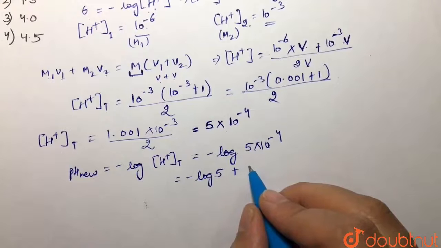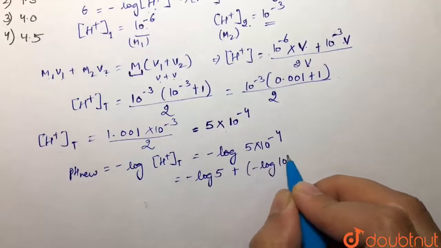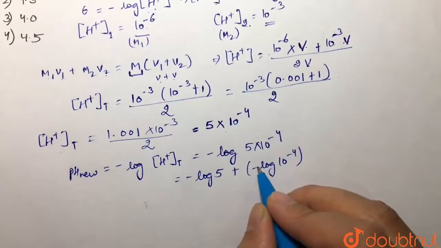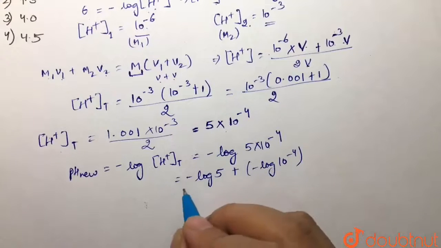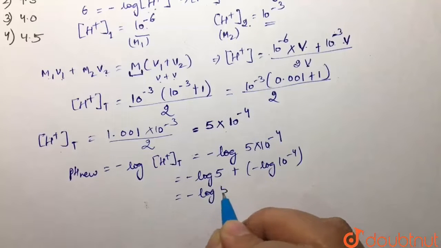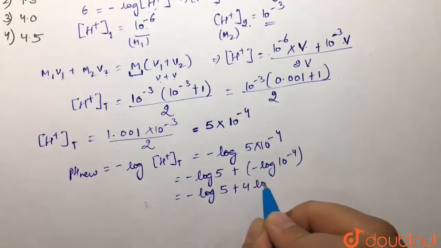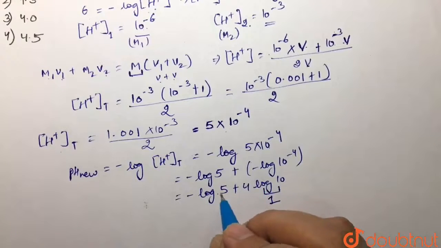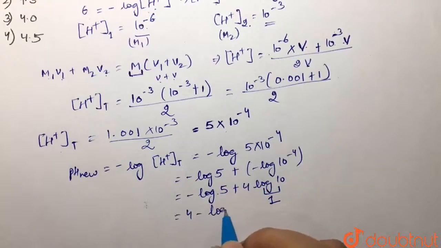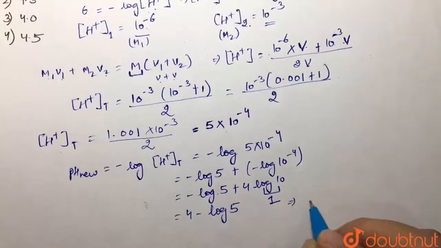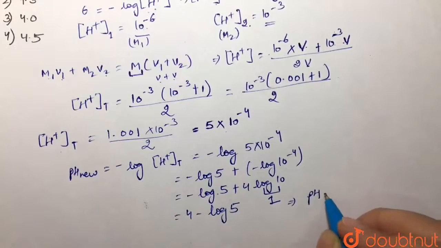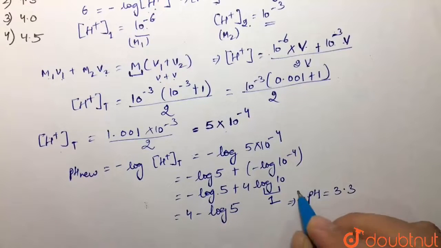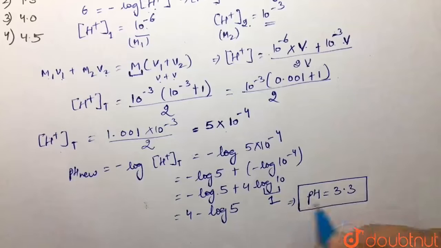The minus 4 comes in front and it becomes plus 4 log 10, and log 10 is 1. So it would be 4 minus log 5. The final pH that we have got is 3.3. So this is our answer.